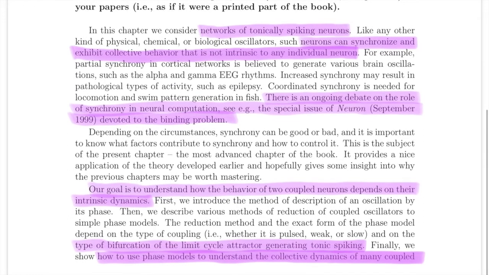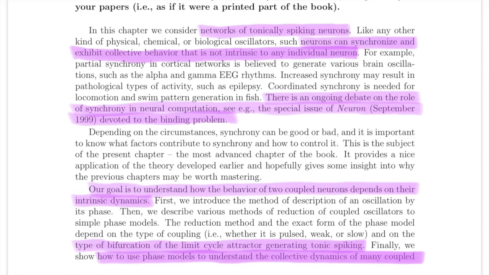And so the goal is that we want to talk about networks, right? Networks of neurons consist of a bunch of neurons. So the first thing is looking at the interaction between neuron 1 and neuron 2.